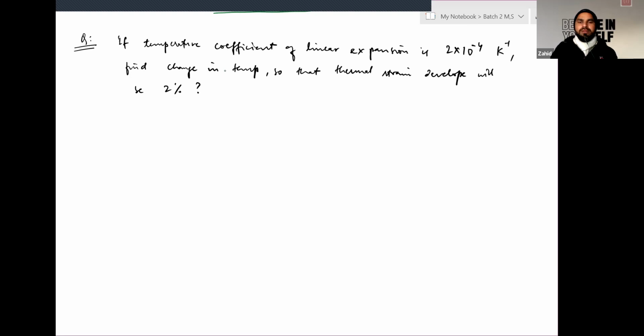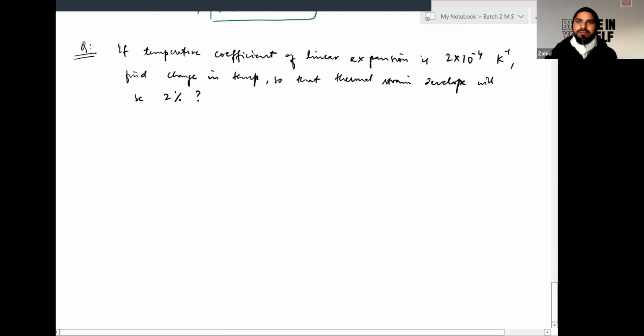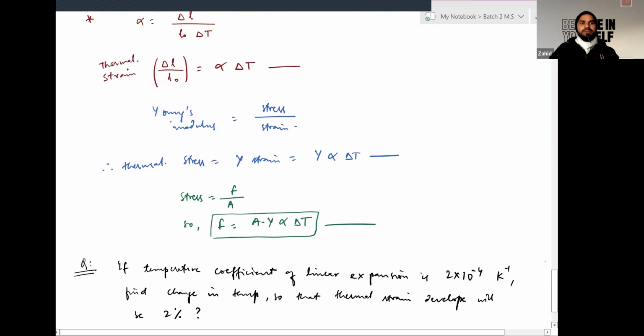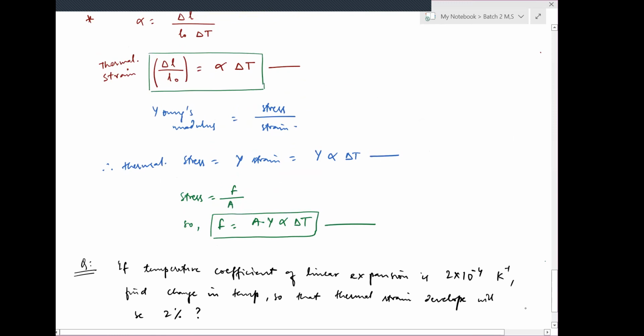Samaira, any problem while solving? Which formula should we use? I defined it above. What is the relation between thermal strain and alpha? Okay, sir.